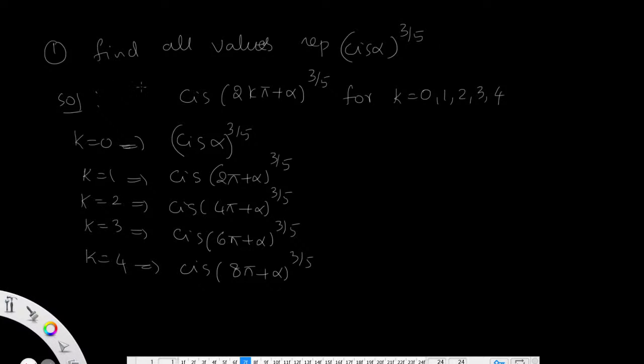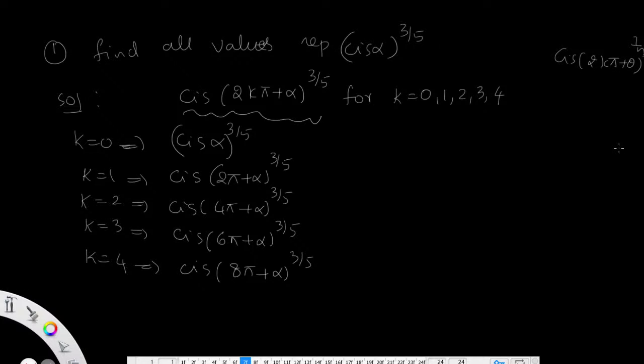The question will be in the form: find all values represented by cis alpha whole to the power of 3 by 5. The basic formula is cis of (2k pi plus theta) whole to the power of 1 by n.